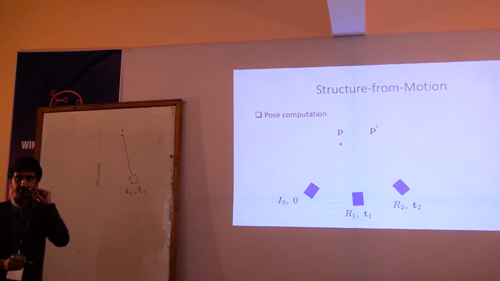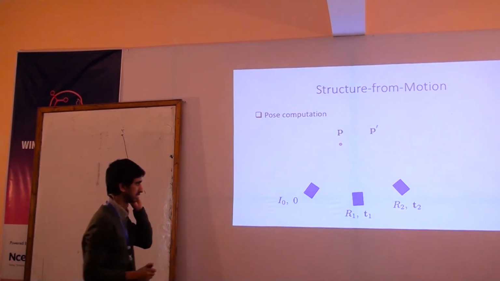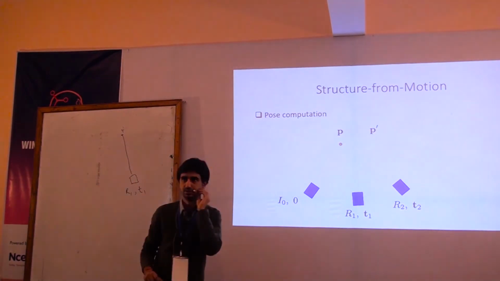So you have P prime expressed in terms of the camera, which is in R1, T1 orientation.